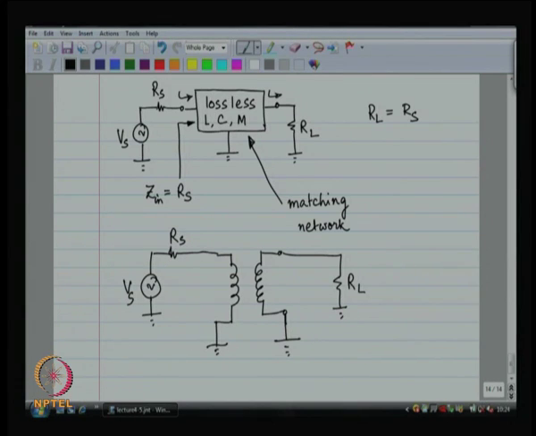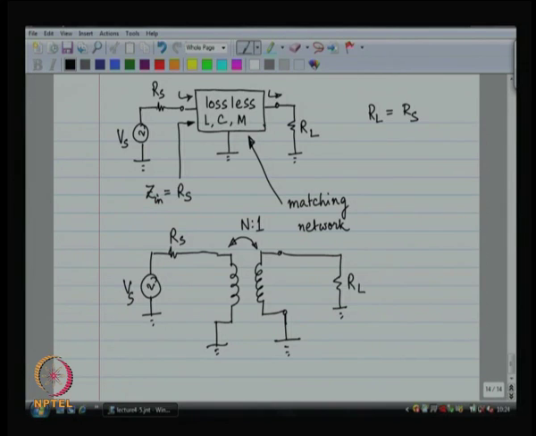Now, if the transformer has a turns ratio of n, n turns on the primary, 1 turn on the secondary, or vice versa, let us just choose this. Let us say that the turns ratio between the primary and the secondary is n to 1. n can be less than 1. All right.